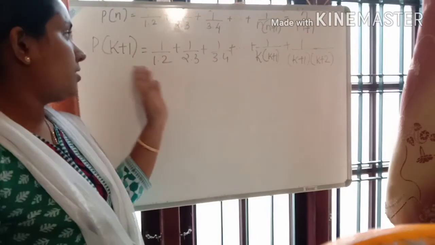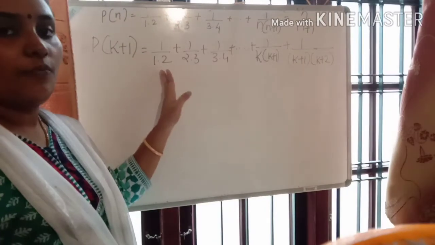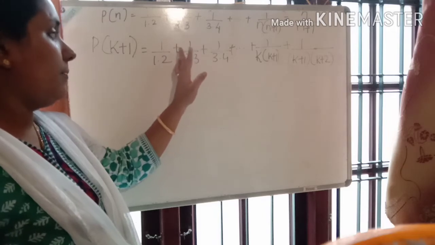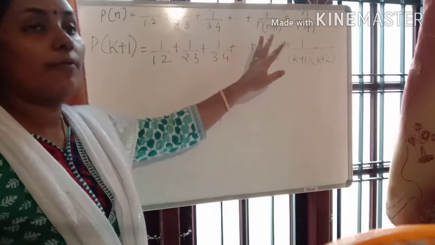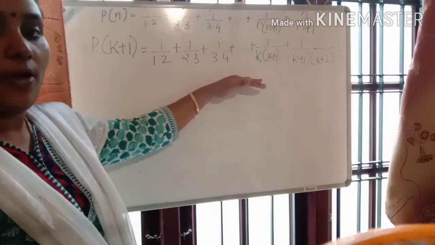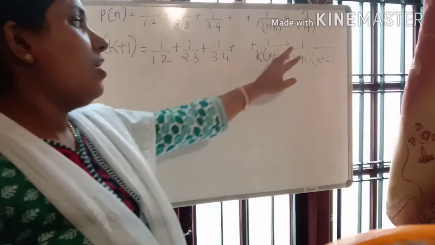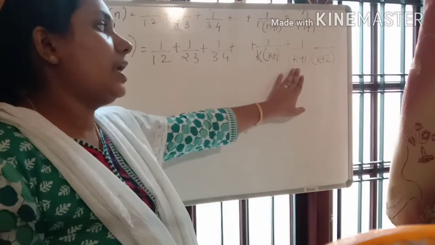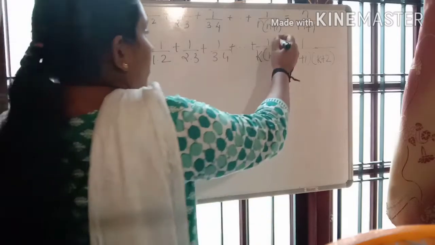See, the LHS of P of k plus 1 is equal to 1 by 1 into 2 plus 1 by 2 into 3 plus 1 by 3 into 4 plus etc. plus 1 by k into k plus 1. Till here, this is P of k. We know that the next term will come as 1 by k plus 1 into k plus 2. All clear?